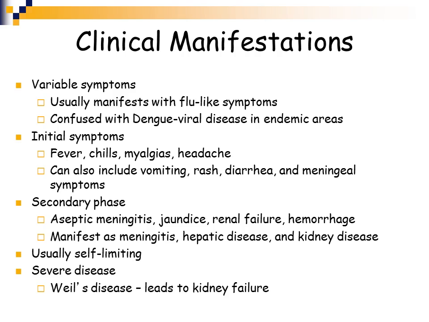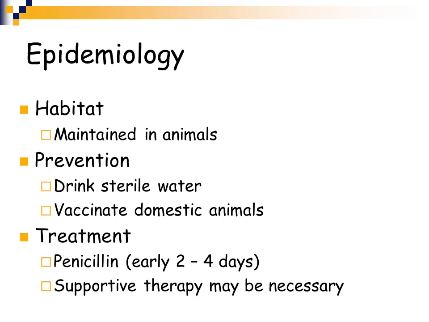Usually leptospirosis is self-limiting, but there are some individuals that get very severe disease. So severe disease, such as Weil's disease, can lead to kidney failure, and there have been fatalities associated with severe leptospirosis infections. But normally, most people will control the infection and overcome it.